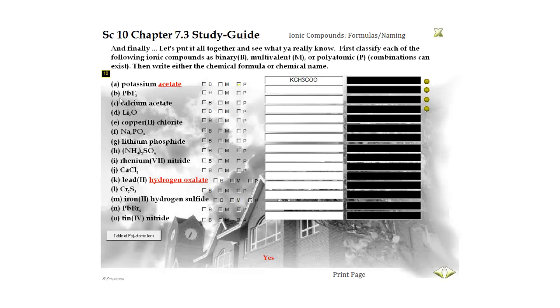PbF2, you know it's lead, you know it's fluorine. Change the ending on the binary ionic compound to "ide," and now you have to figure out whether it's lead 2 or lead 4. Because the total charge on the fluorine is -2, you know that the lead has to be +2.